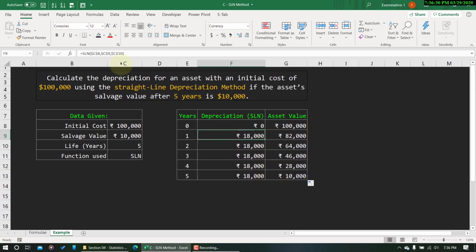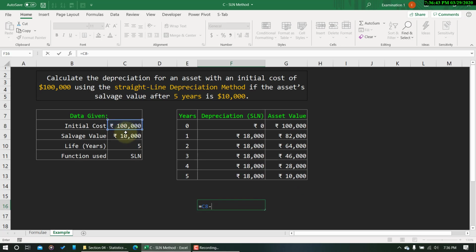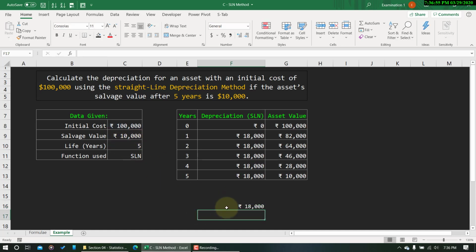Even if you do not know about this SLN formula, you can still calculate this by using this method: equal to initial cost minus salvage cost, you have to put both of them in brackets, and divided by the total life, which is 5. And that really makes sense.